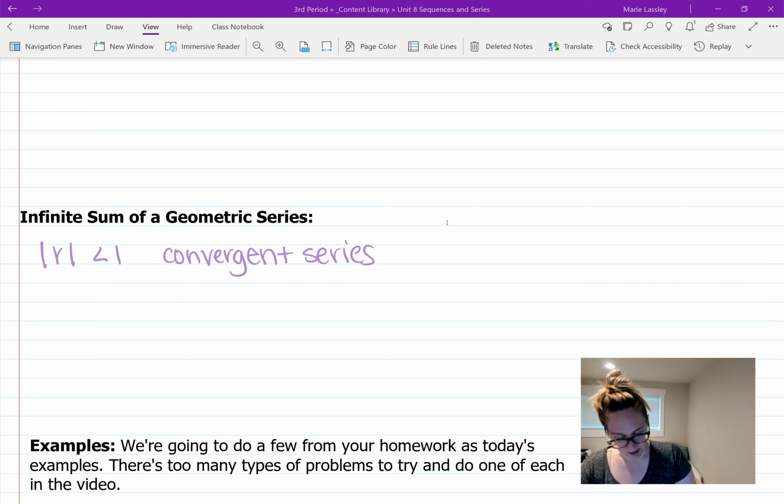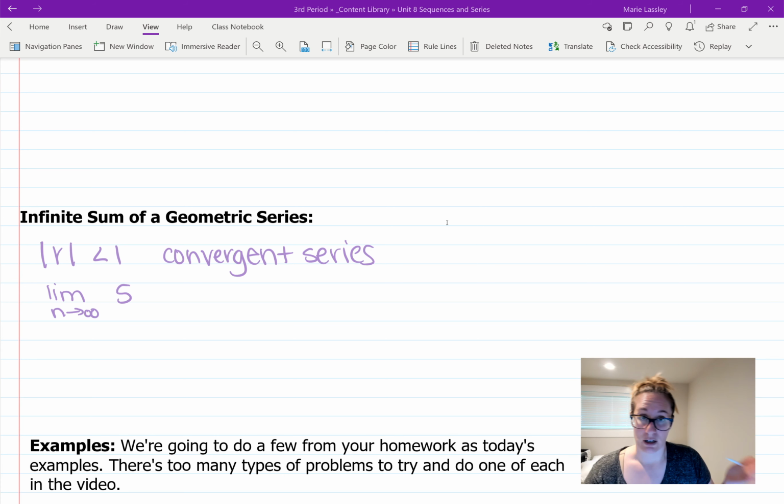So the limit, because when we're talking about converging, we're always talking about limits, right? The limit as n goes to infinity of S sub n, S sub n is our series, equals the first term divided by 1 minus r. That's what you have to do.